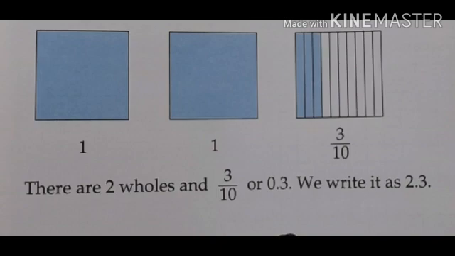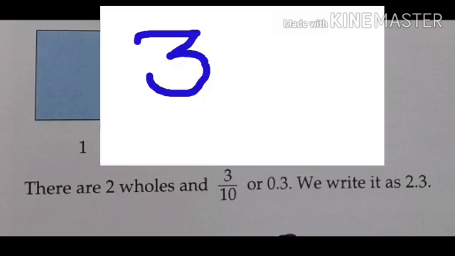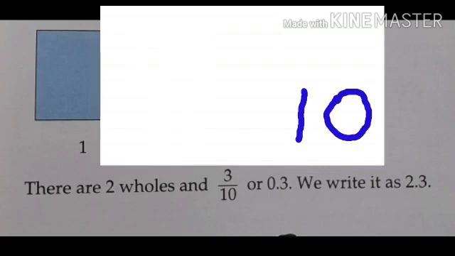3 by 10 we can write as 0.3. Let me explain why 3 by 10 can be written as 0.3. In 3 by 10, numerator is 3 and denominator is 10.